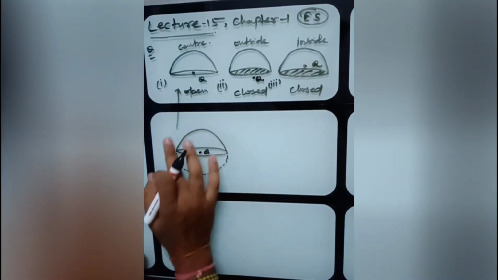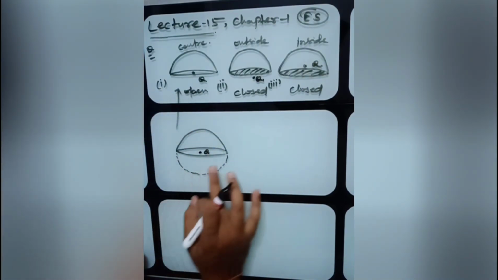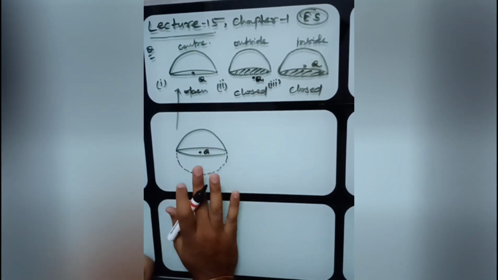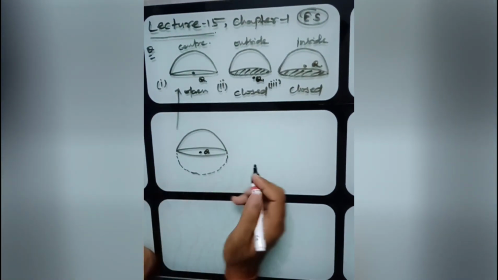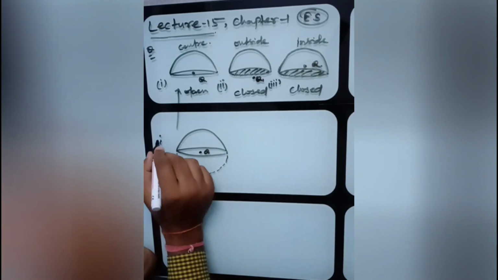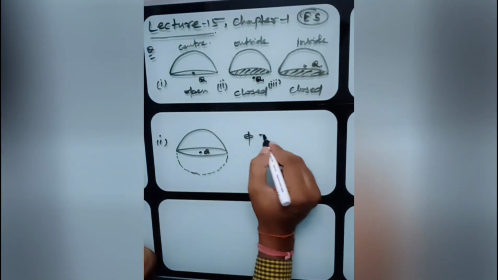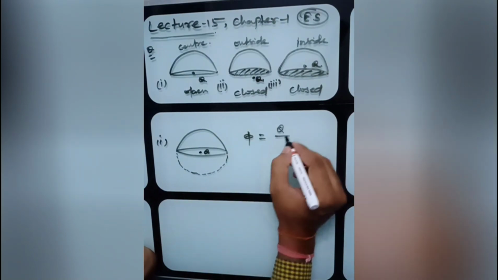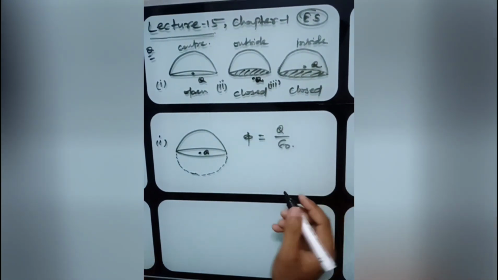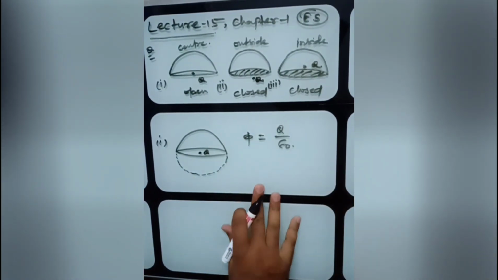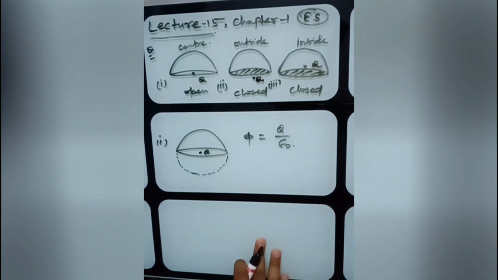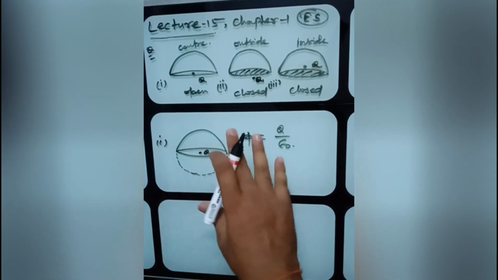Now if this is completely closed, the electric flux for the charge will be how much? For this first case we are solving, the electric flux will be Q by epsilon naught. Okay, Q by epsilon naught. But you do not have the total sphere, you have the half sphere, that is the hemisphere.